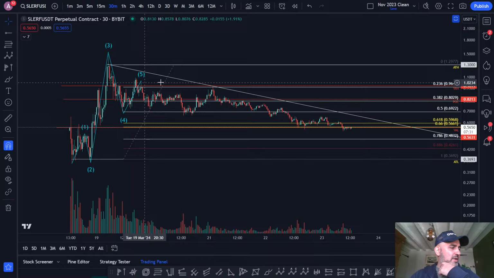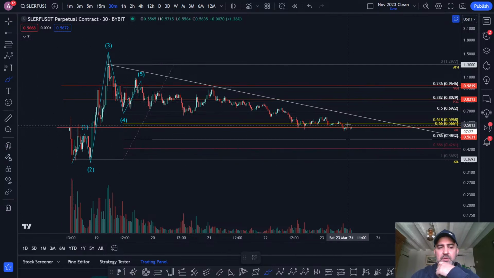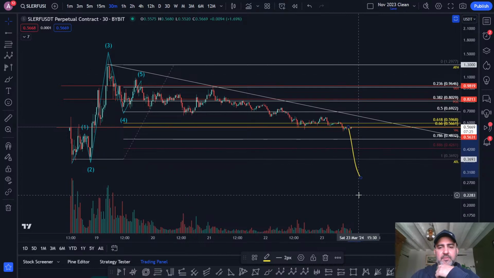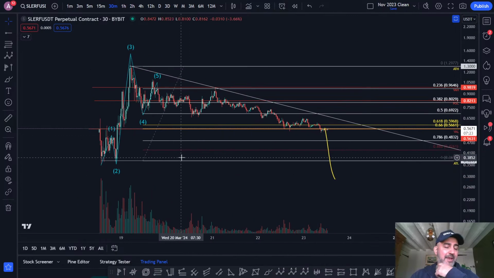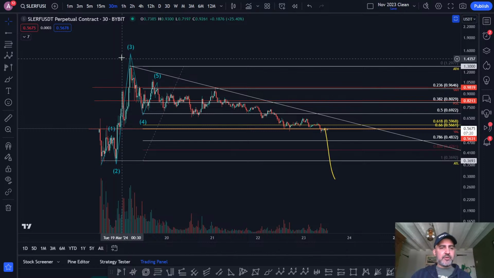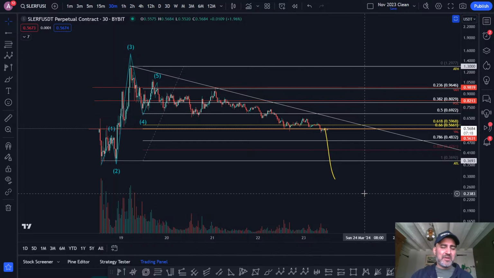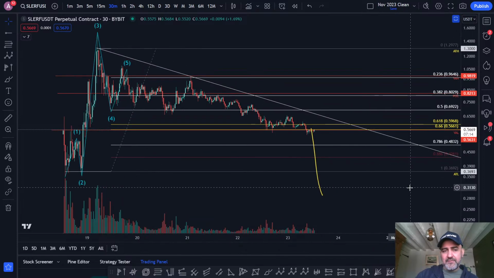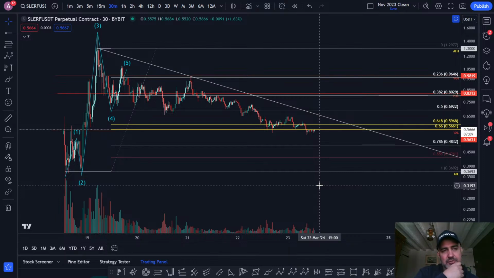So for this wave one to be valid, you just can't make a new low. That would invalidate this count. Okay, and it would be very bearish to make an all-time low, go to the all-time high, and then back to an all-time low. Really bearish, because then you're in bearish market structure, and that's not what you want.